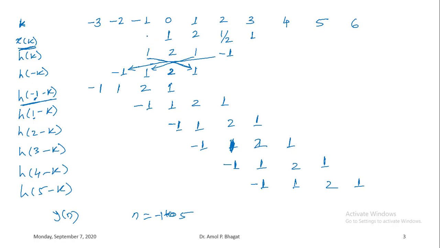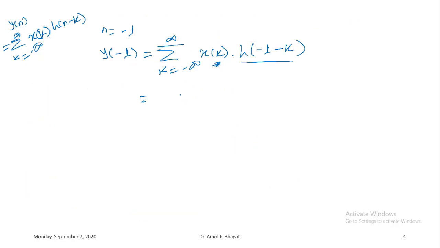At 0 the value 1 is there, so this multiplication will be 1. Similarly at 1, 2 is here, but there is no value in h of minus 1 minus k, so 0 will be there onwards. So only 1 will be there in the multiplication result. So y of minus 1 will be 1.